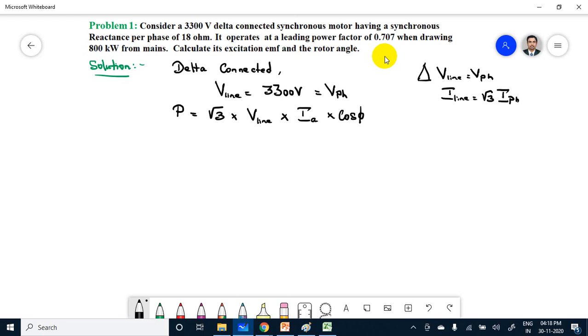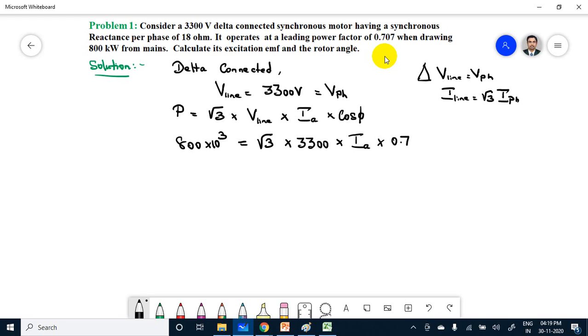This P is already given. The overall rating is 800 kilowatts. So 800 into 10 power 3 equals root 3 into V line, which is 3300, substitute, into IA, the armature current, into cos phi, which is 0.707.